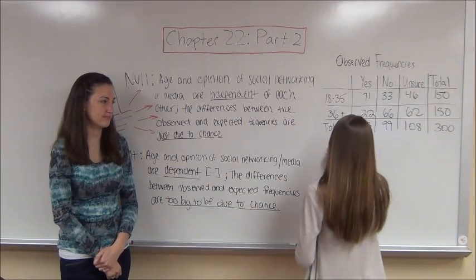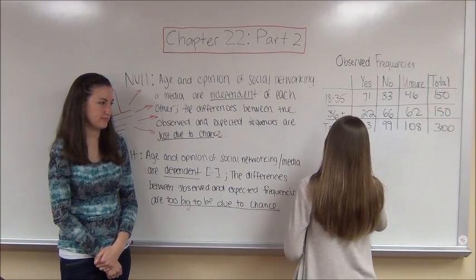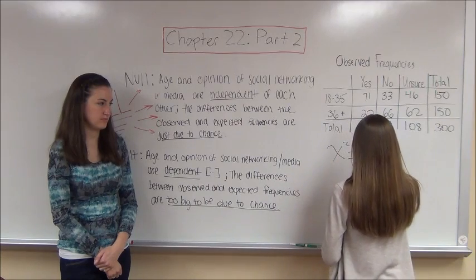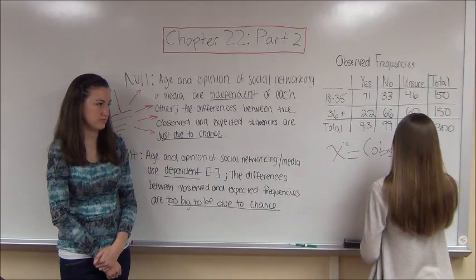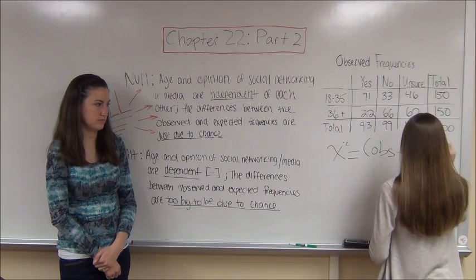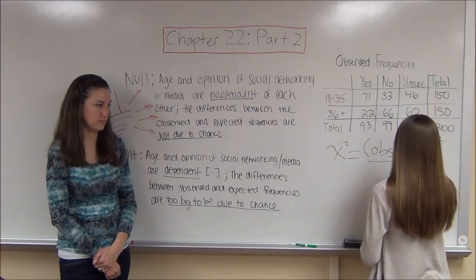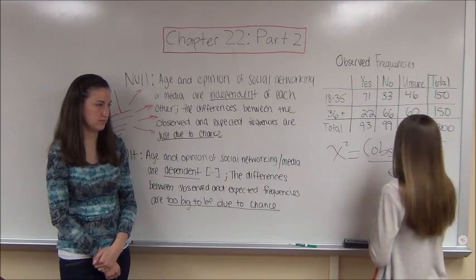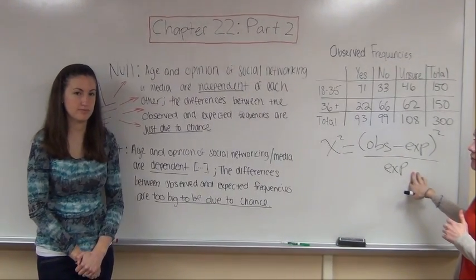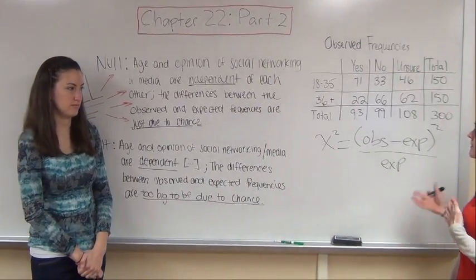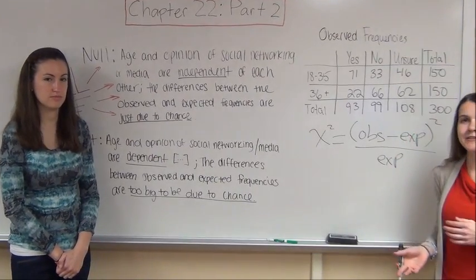You will do chi-square equals the sum of the observed minus expected frequencies squared, divided by expected. So you're going to use this same formula again, and now we're going to calculate the expected frequencies from the observed ones, but we're going to do it a little bit differently this time.